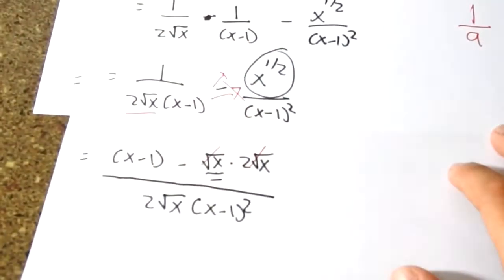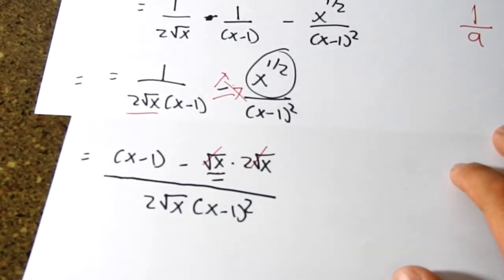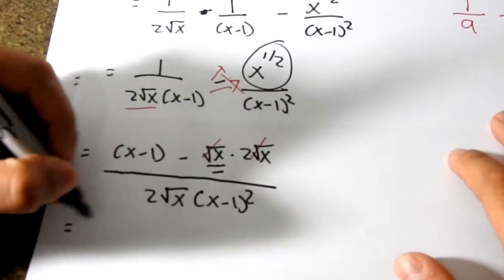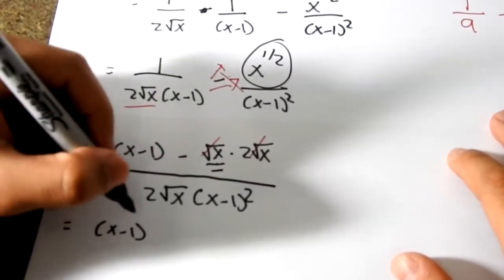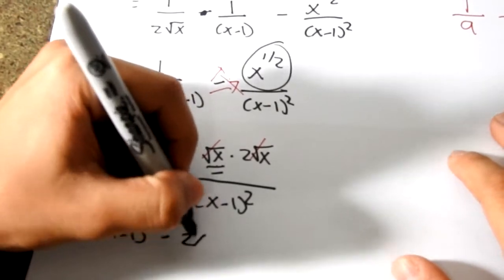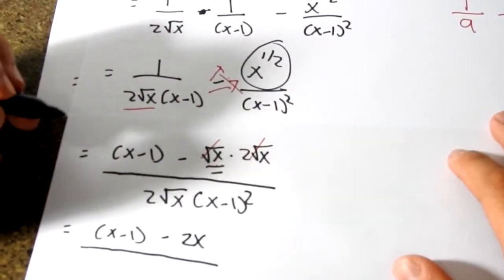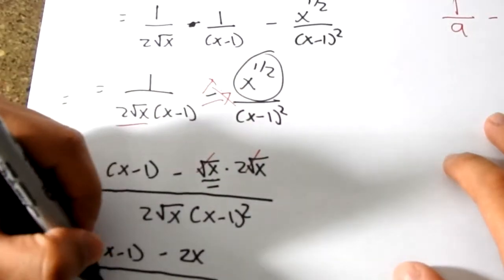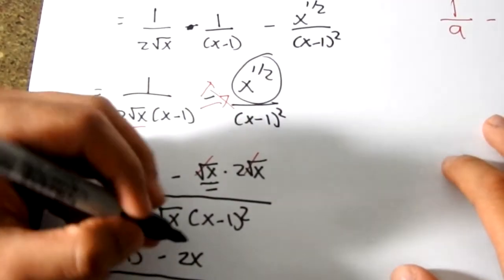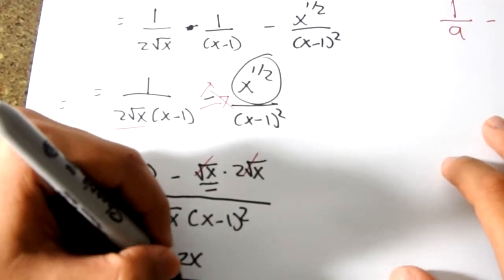That's just x. So this fraction simplifies to x minus 1 minus 2x over 2 square root of x minus 1 squared.